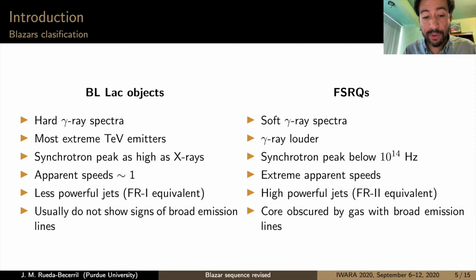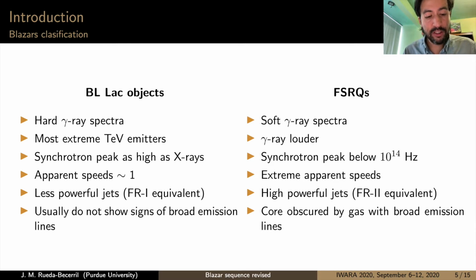The synchrotron peak of the BL Lac objects may be observed as high as X-rays, while for the FSRQs, the synchrotron peak lies mainly below 10^14 hertz, which is around the infrared.